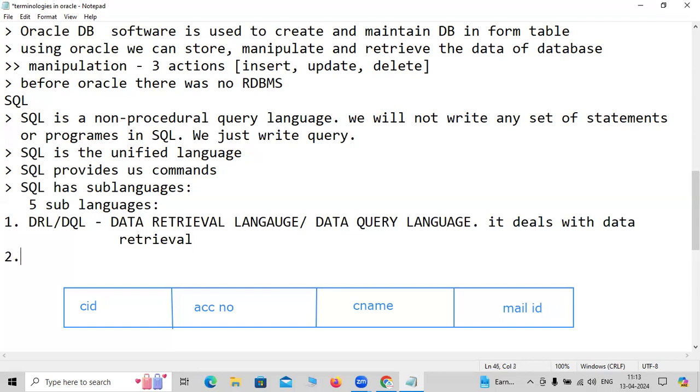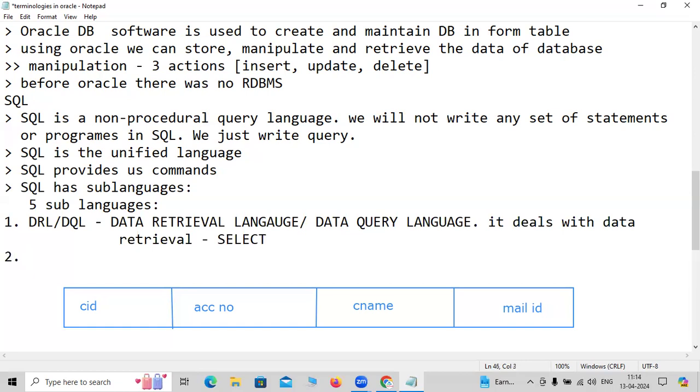For this we are using the select command. SQL provides a select command to retrieve the data. So it is the first category among the 5 sub languages of SQL.